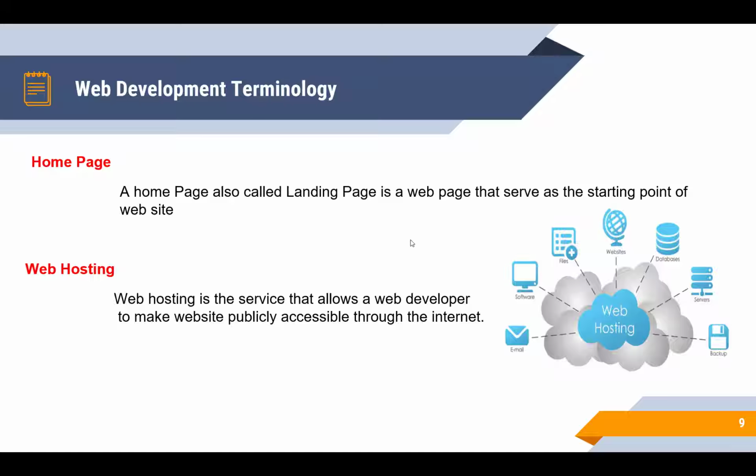Whenever we talk about hosting, there are two very important things. One is that we need a space in a machine where I can copy all my files. And the second thing is I need a domain.